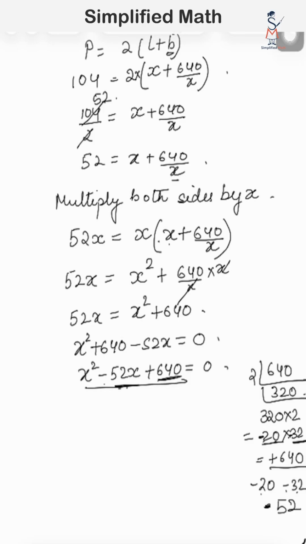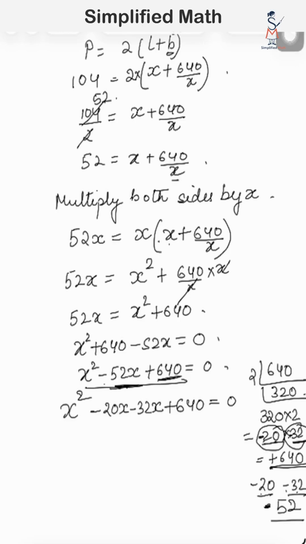So with these two numbers, minus 20 and minus 32, when I multiply I get 640, and when I add them, I get minus 52. That means x square will be written as x square and minus 52 is written as minus 20x and minus 32x plus 640. Fine. This is how we factorize it.